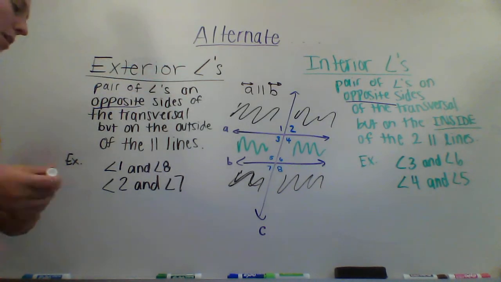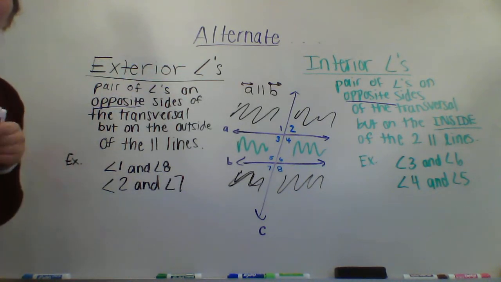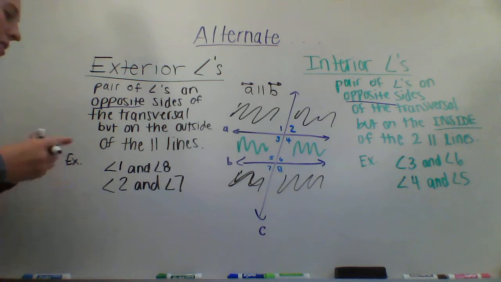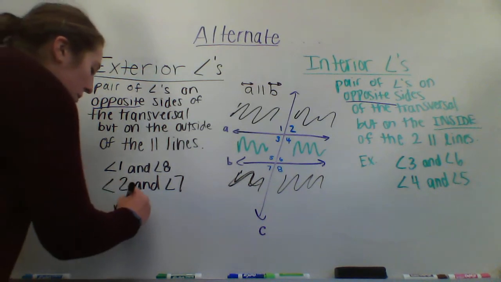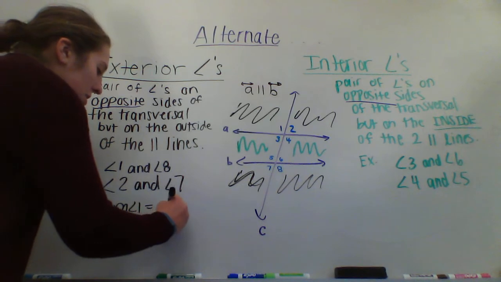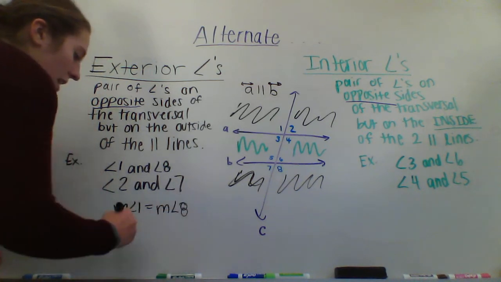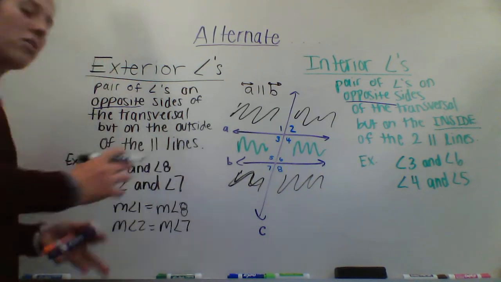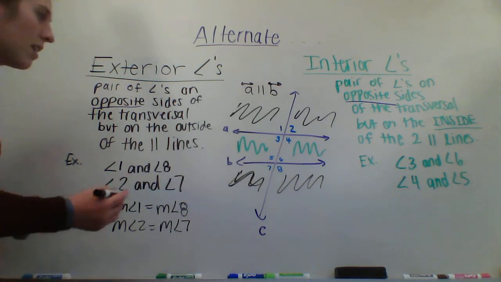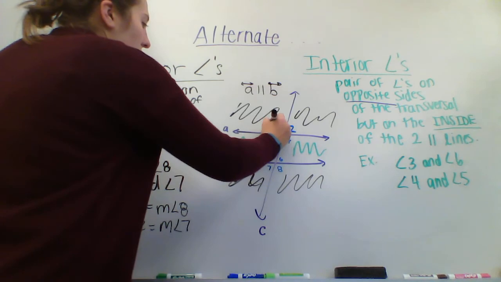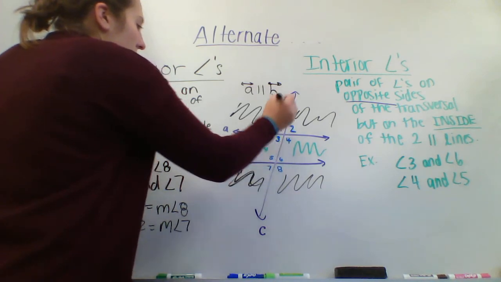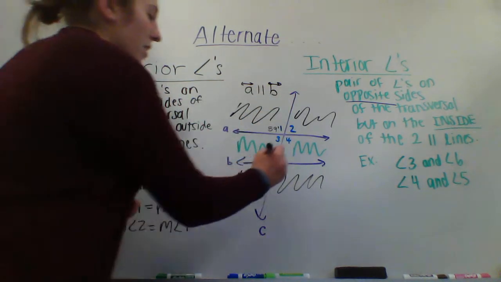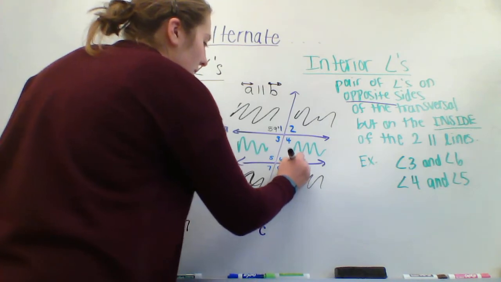So the cool thing about alternate exterior and alternate interior angles is that exterior angles are always congruent. So we know the measure of angle 1 is equal to the measure of angle 8. And the measure of angle 2 is equal to the measure of angle 7. So if angle 1 happened to be, let's say, 59 degrees, then the measure of angle 8 would be 59 degrees.